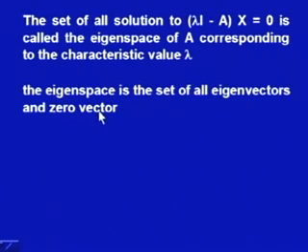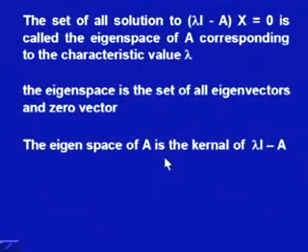Mind here, the 0 vector is not an eigenvector, but without the 0 vector it will not be an eigenspace or a vector space. So it is important that the eigenspace is the set of all eigenvectors and the 0 vector. The eigenspace of A is the kernel of the matrix lambda I minus A.